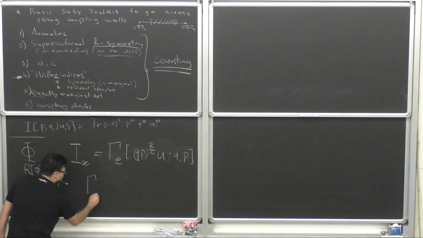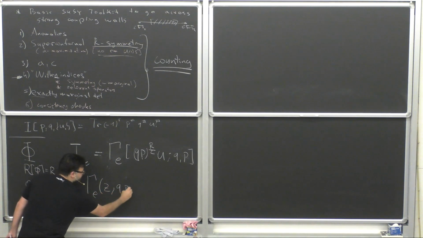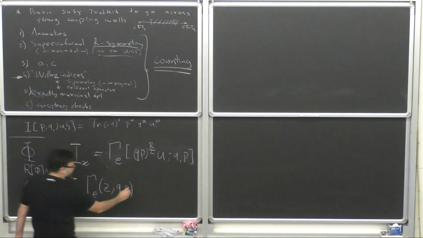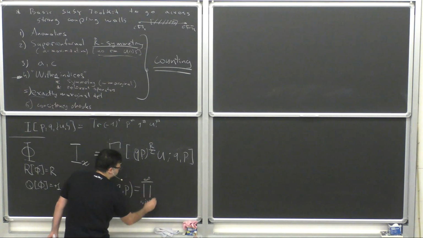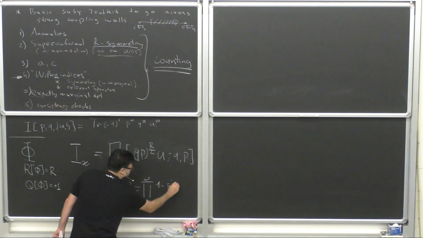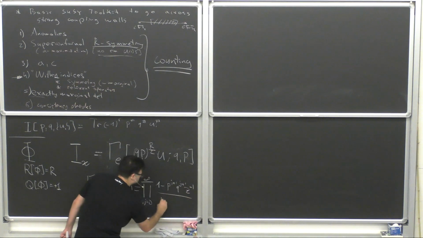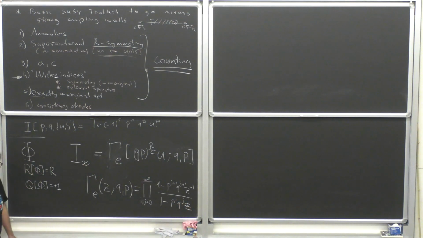And just not to get confused with my notations, let me define it separately. So this elliptic gamma function is defined to be a double product, i and j equals 0 to infinity, of 1 minus p^(i+1) q^(j+1) z^(-1) over 1 minus p^i q^j z.